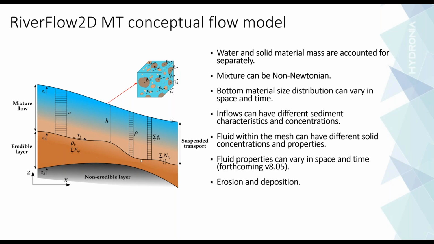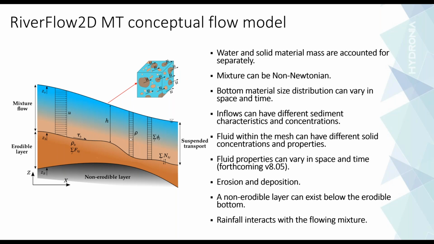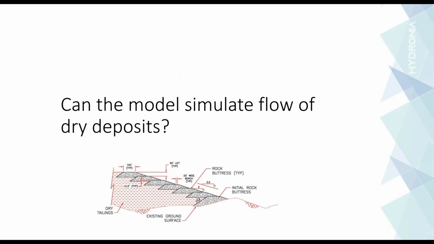It can erode, and you can have sedimentation and deposition as well. A non-erodible layer can exist below the erodible bottom, or you can have a paved surface of a road that cannot erode, and you can simulate those also in the model. Rainfall interacts with the flowing mixture, so you can add that feature as well.